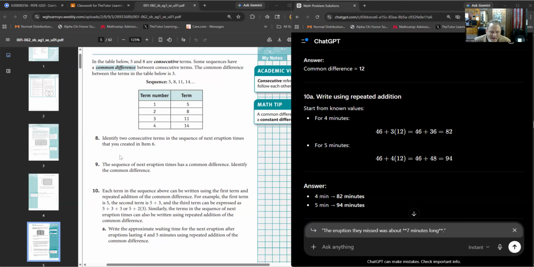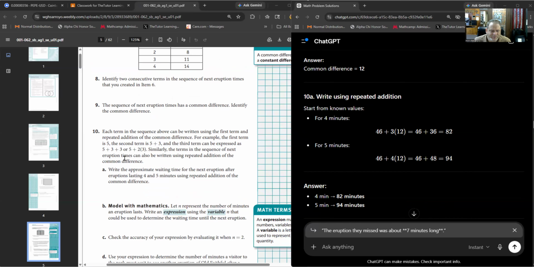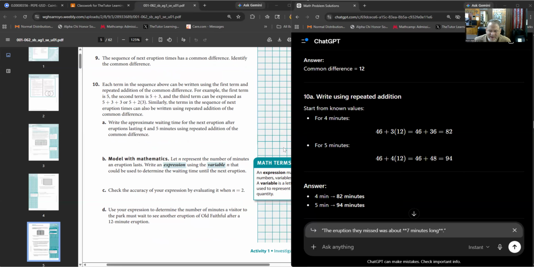All right, number 10, 10A. Oh, there's a B, C, and D. Okay. Each term in the sequence above can be written using the first term and repeated addition of the common difference. For example, the first term is 5. Okay, the second term is 5 plus 3. And the third term can be expressed as 5 plus 3 or 5 plus 2 times 3.